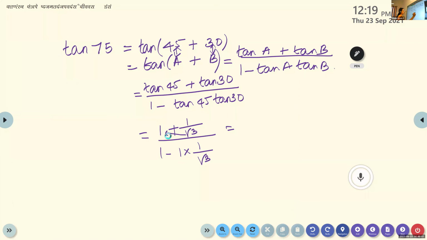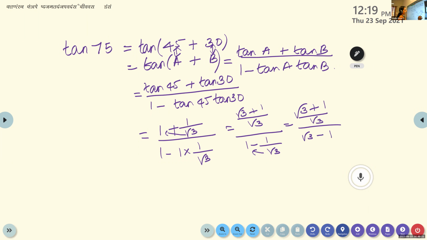It will become root 3 plus 1 by root 3. Here once again, if you take the LCM, it is root 3 minus 1 by root 3. So root 3 will get cancelled. So we get root 3 plus 1 by root 3 minus 1.